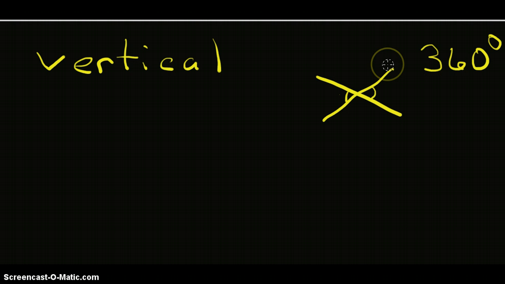Another thing I want you to observe about these vertical angles, if I were to look from here all the way around to here, that should look suspiciously like a set of supplementary angles, don't you think? Absolutely.